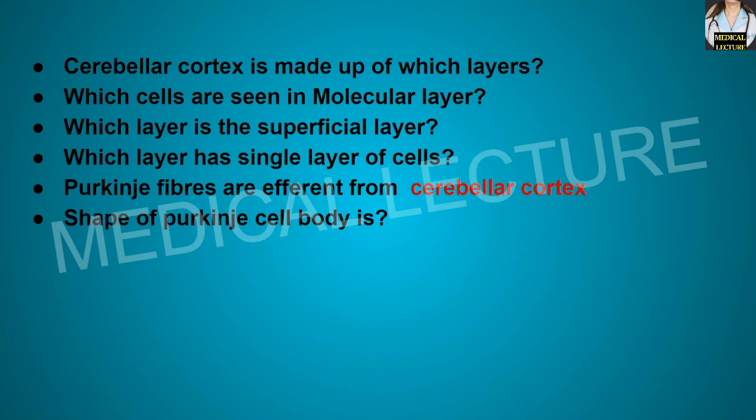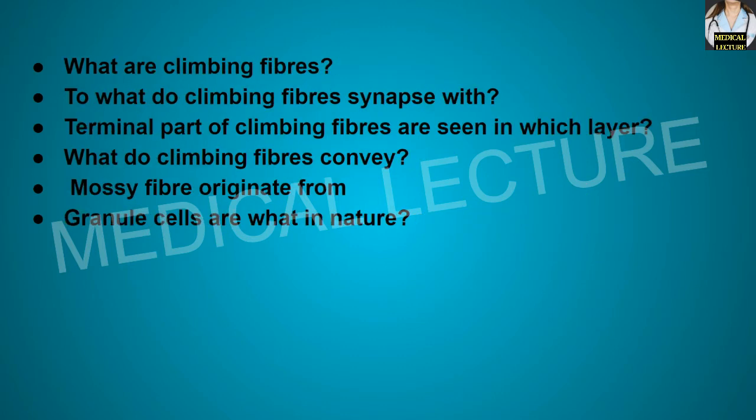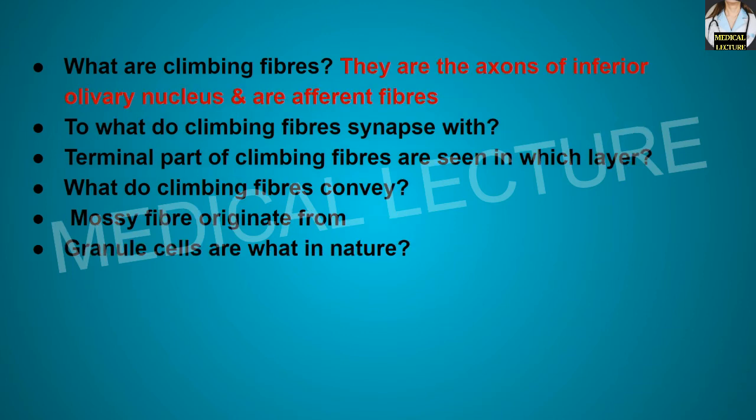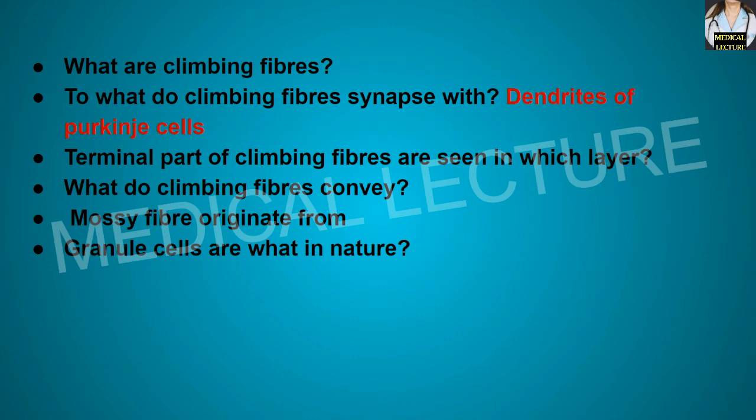What is the shape of the Purkinje cell body? They have a flask shaped cell body. What are climbing fibers? They are the axons of the inferior olivary nucleus. To what do climbing fibers synapse with? Dendrites of the Purkinje cells.